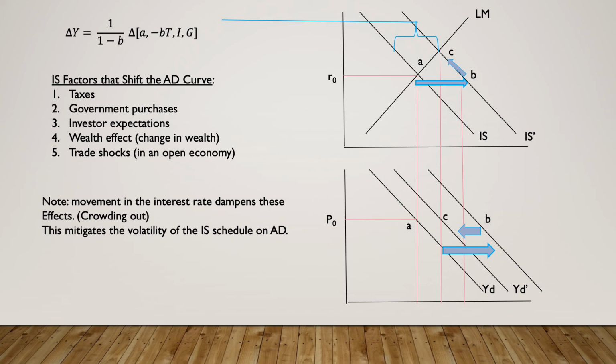As you move into the conditions of classical views of the LM curve, you're steepening out that LM curve, and C is moving further and further away from B, and it's going to sit right on top of A at some point, right? So that's going to completely eliminate volatility from the IS curve in terms of impacting aggregate demand, which is exactly what the classicals thought, right? They thought that only money can influence aggregate demand.